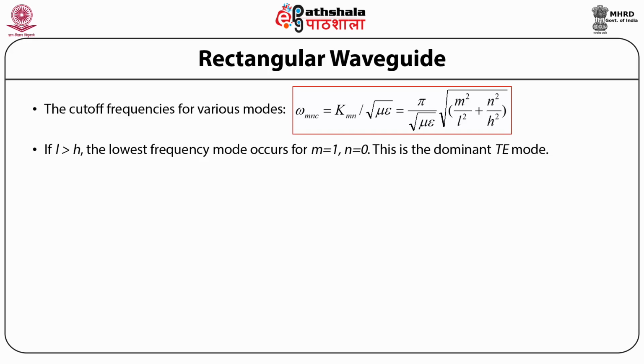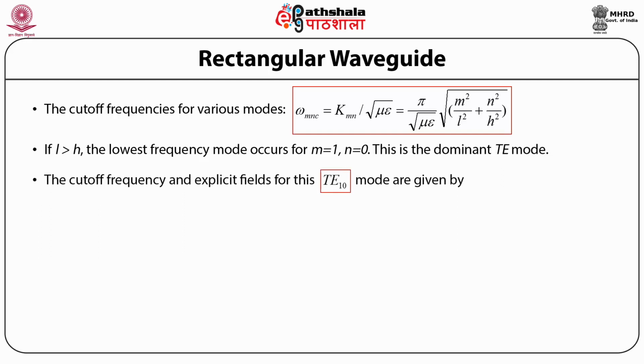This is the dominant transverse electric mode, and the cutoff frequency and the explicit fields for this transverse electric 1,0 mode are then given by ω_10c, that is the cutoff frequency for the 1-0 mode, equal to π/√(με) times 1/L.